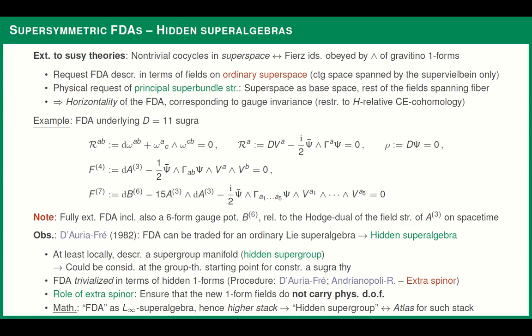And in principle, once we have this construction, this trivialization, we have two possibilities. Either we just take our theory with higher forms, and they will be written, as I will show you, in terms of one-form fields, dual to the ordinary superalgebra description. So I replace their expression and I go on with the theory like that.